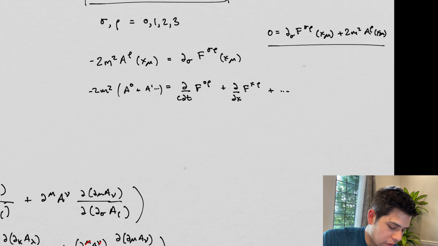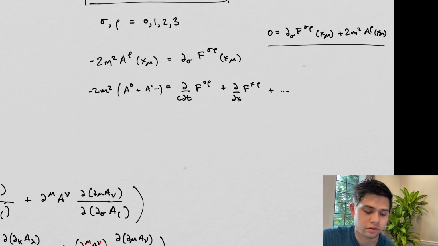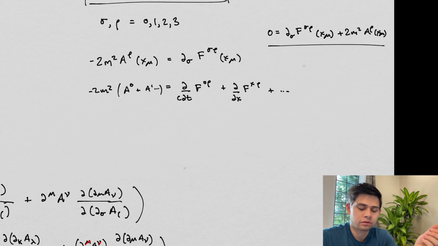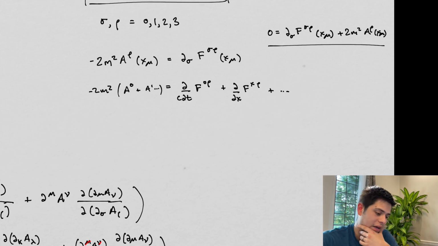Also, we can ask the question, what if m was 0? Because what the Proca equation is going to do is help us describe vectors, or vector fields. This is going to be important in talking about photons. Photons don't have mass. So if photons don't have mass, then this term goes out.